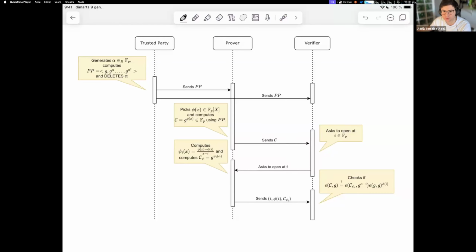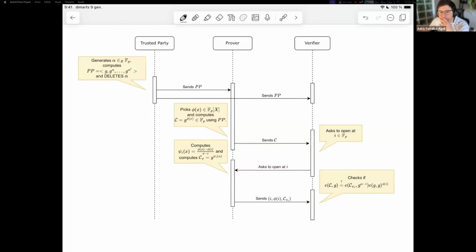Who wants to be a trusted party to compute the trusted setup and these kinds of things? Raise your hand. Then I have 3 volunteers. Perfect.